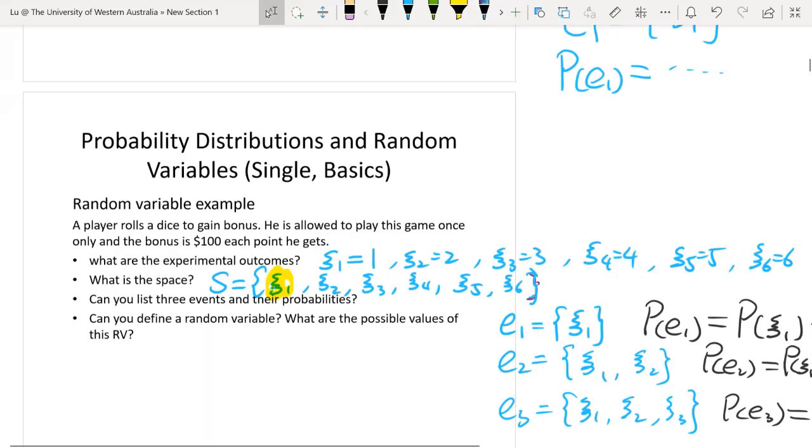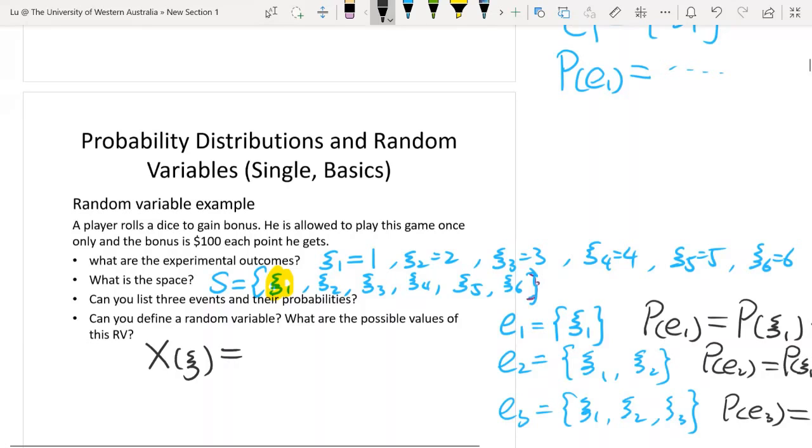For this question here, we have already got all the possible outcomes from this rolling dice game, and the corresponding values returned by this random variable function will be the bonus money. So in this case, the random variable X, which uses theta as the input parameter, will return us the amount of the bonus money.